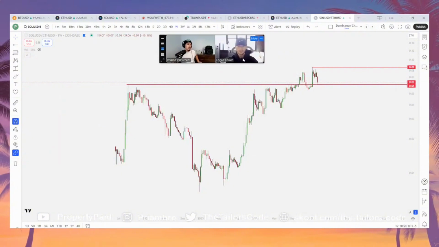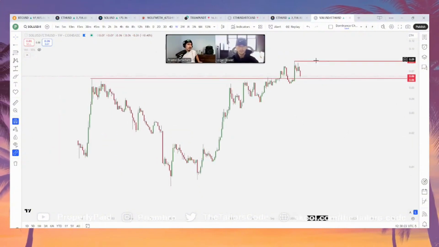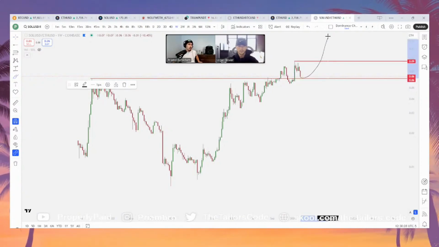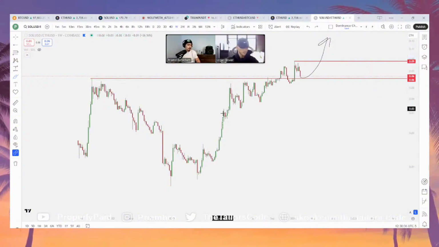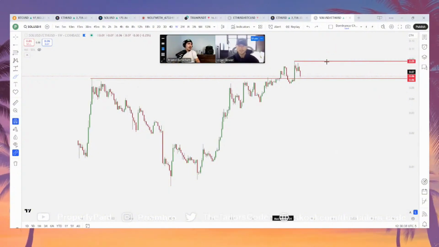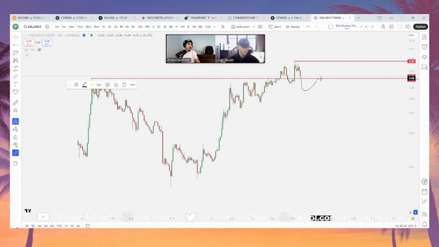Now, you could see one of two things. You could argue that this is going to come back and retest and then shoot up a little bit higher one more time before inevitably breaking down. Or if you think it's topped out now, then it's coming down to do this. It's going to break down, underside retest, and then break down from here.